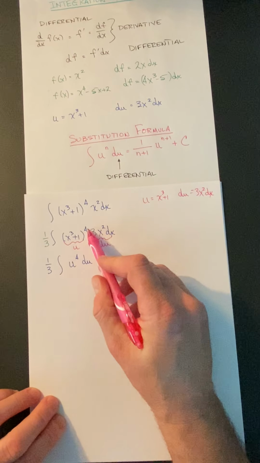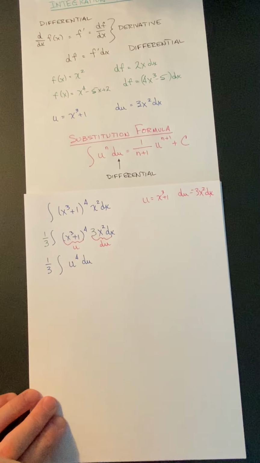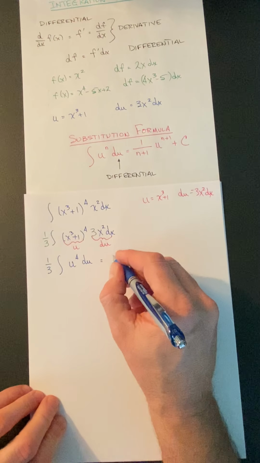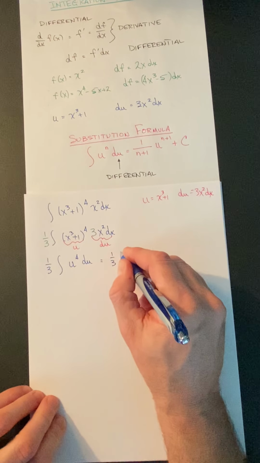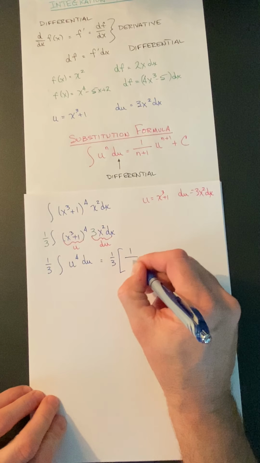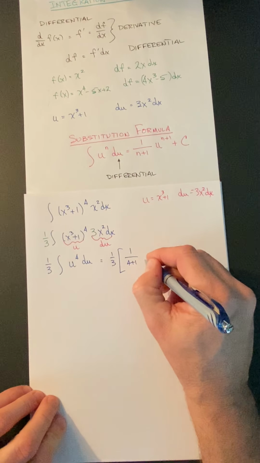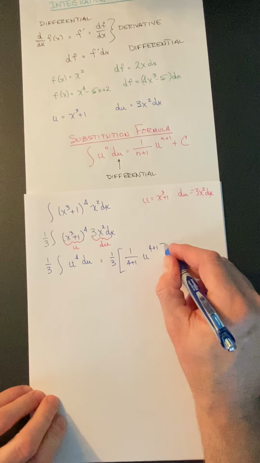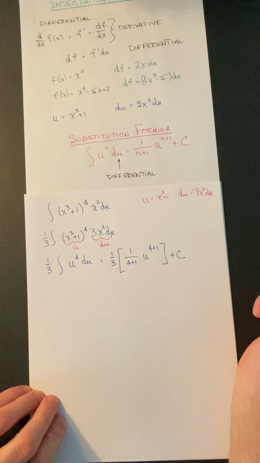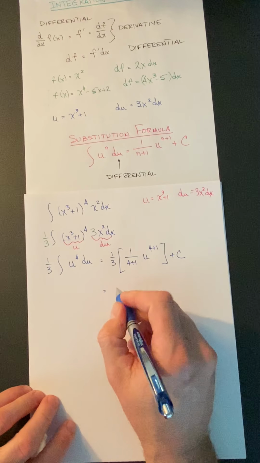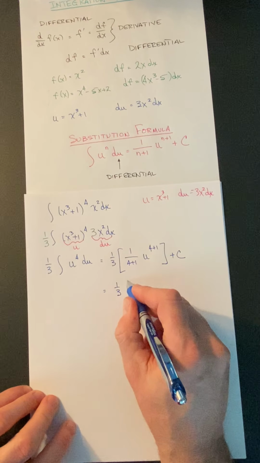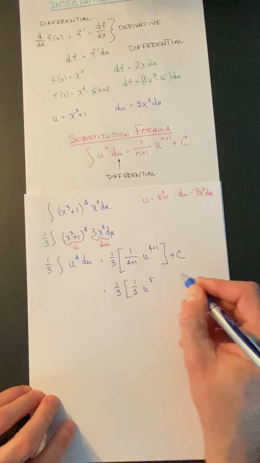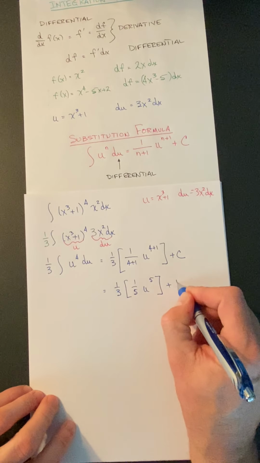So u to the n du, and then I just integrate it with my substitution formula. So I'm going to have 1/3 times 1 over 4 plus 1, u to the 4 plus 1, plus c, which is going to be 1/3 times 1/5 u to the 5th plus c.